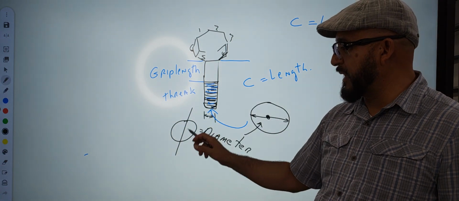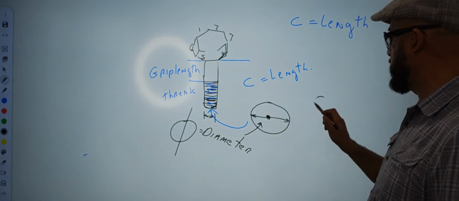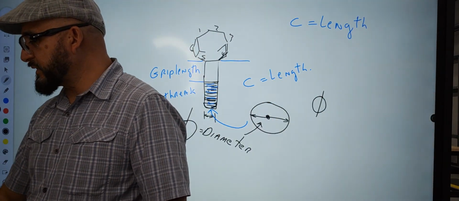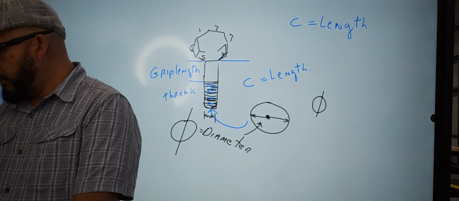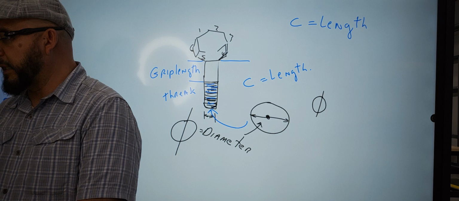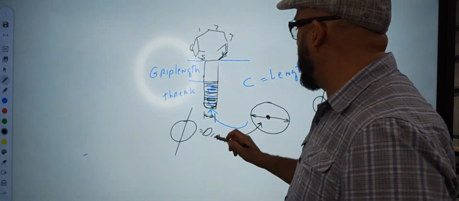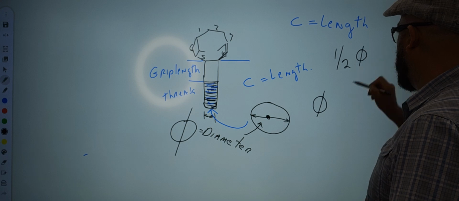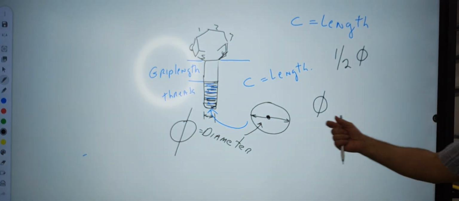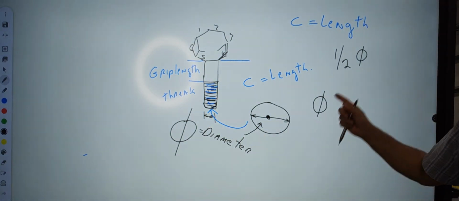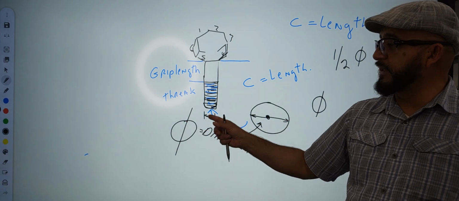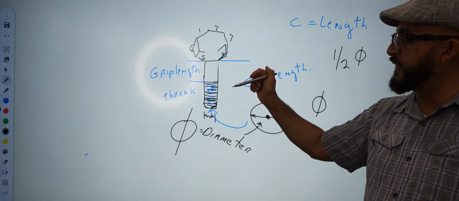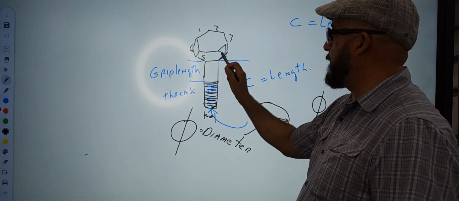This is the diameter symbol. Does that symbol appear after the number? Yes. Let's say this is 1/2 inch, so this will be 1/2 with the symbol. That tells you how big it is, and that will go into a hole that's 1/2 inch. You need to know that just to see if it will fit where you need it to fit.